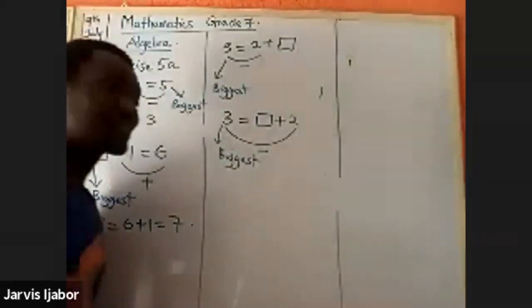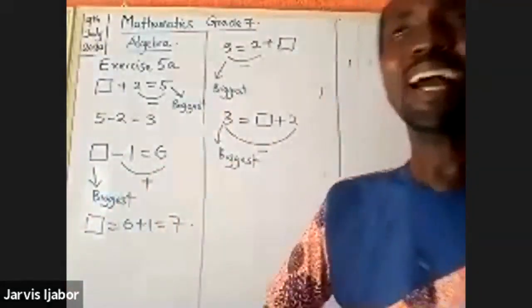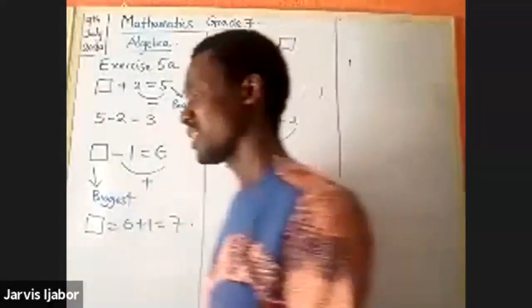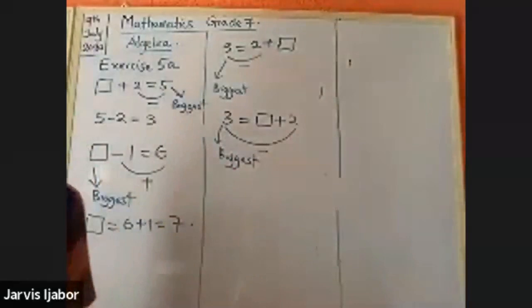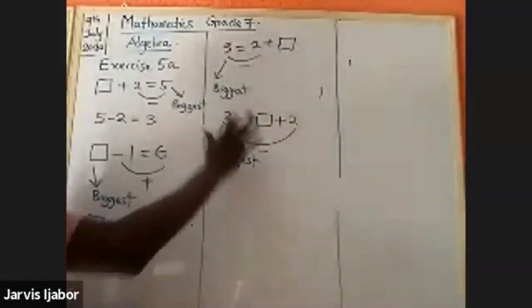Because if you add up things, the answer is always a bigger value, a value bigger than what you had before. If you are subtracting things, the answer will be a lesser value. So irrespective of how this is, I need you to write this as I'm writing them on the board.